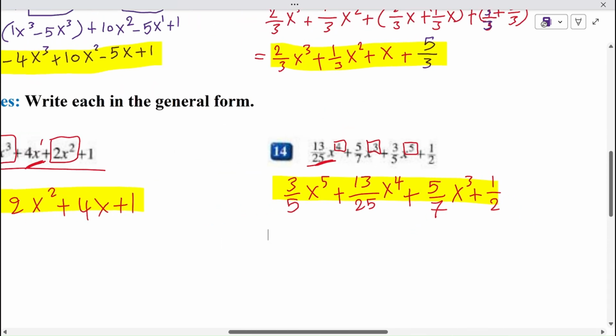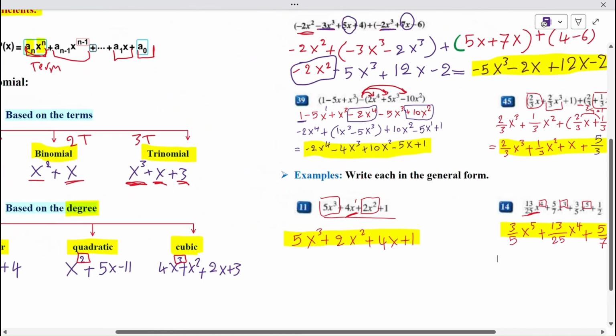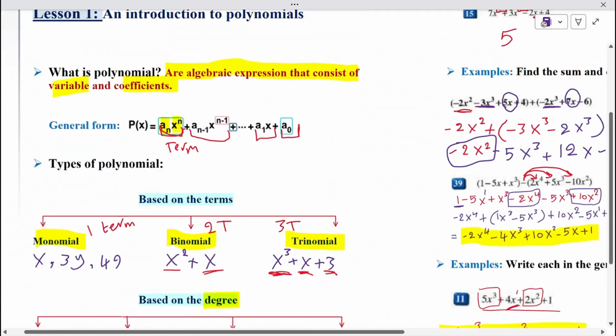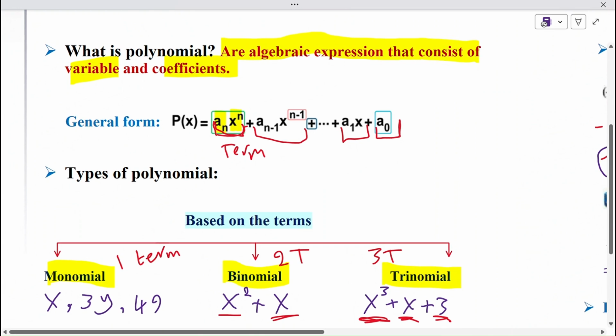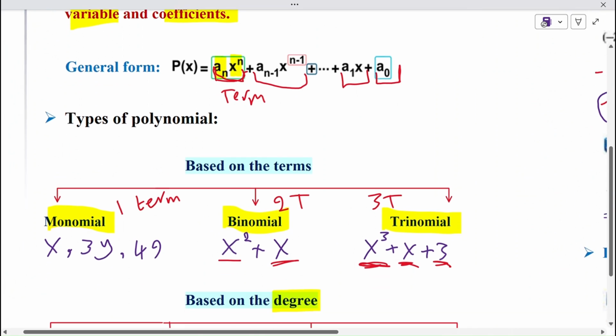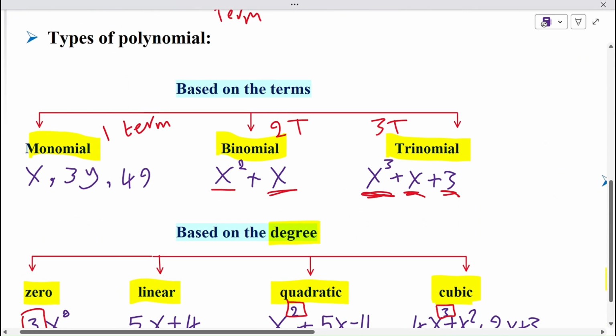So this is all about the first lesson. The first thing that we learned is what a polynomial is. A polynomial just consists of a variable and coefficient. Then we classified polynomials into 2 types. The first type, based on the term, we have 3 types. Monomial means just 1 term.